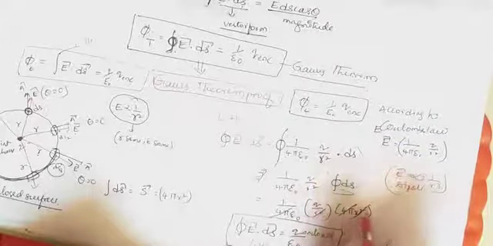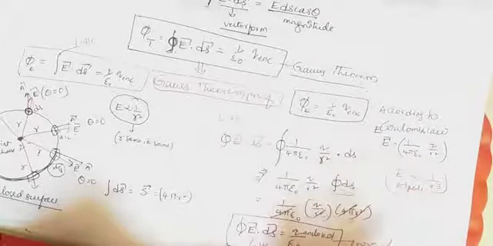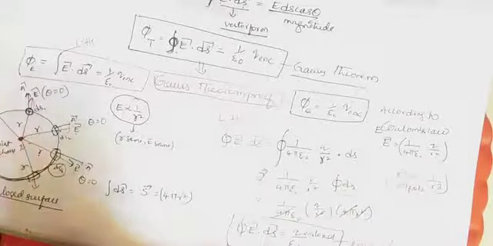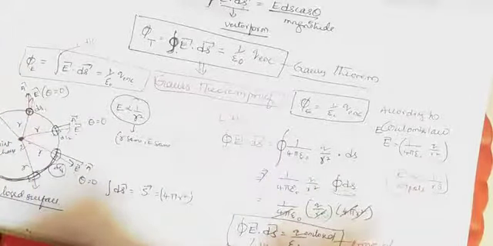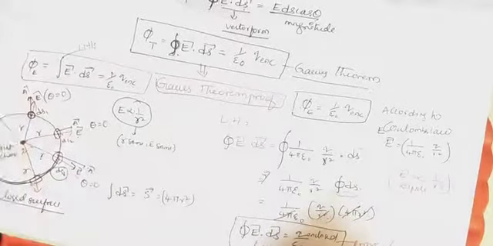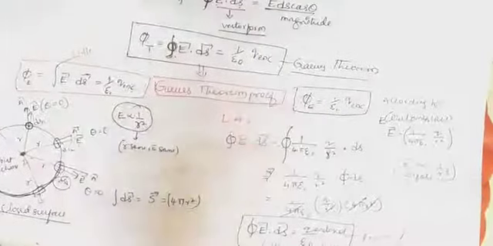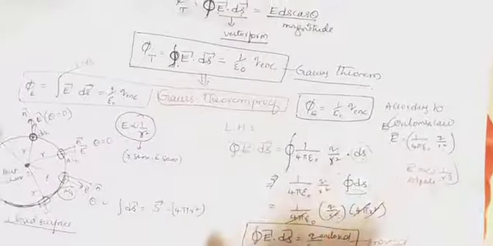R cube means r square does not cancel, and we get q by epsilon naught into r. Okay, so that means it is not proved.